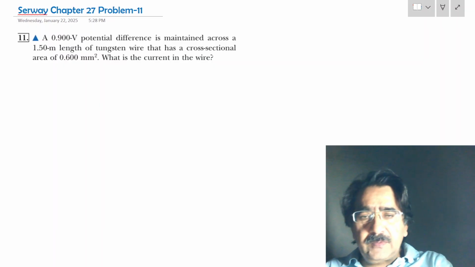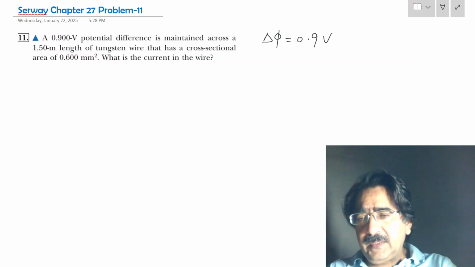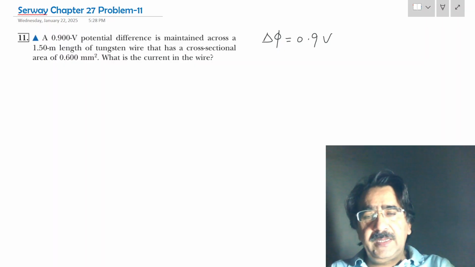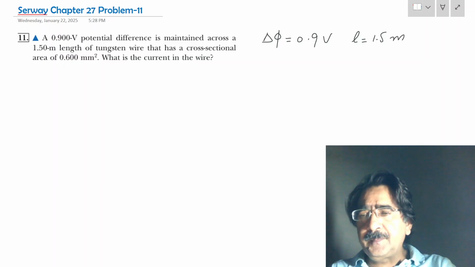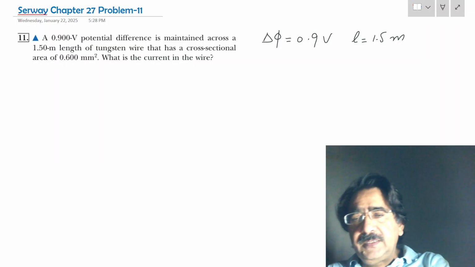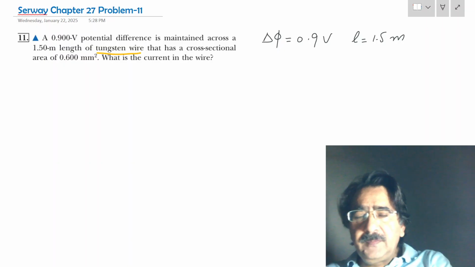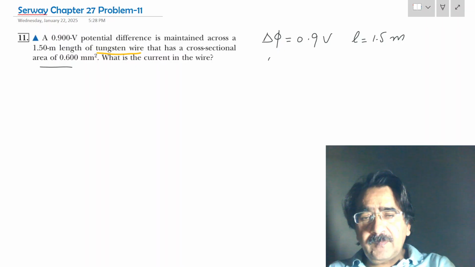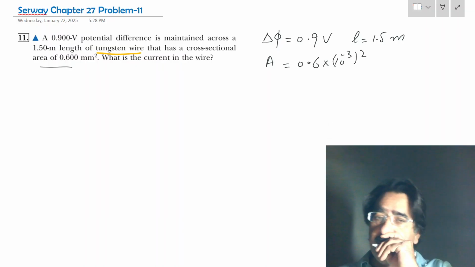Okay, two things are given. The first is the potential difference, which is 0.9 volt, and the second is the length maintained across the wire. The length is 1.5 meter, and the wire is tungsten, and the cross-section area is 0.6 times 10 raised to power minus 3 square millimeter, because this is area.